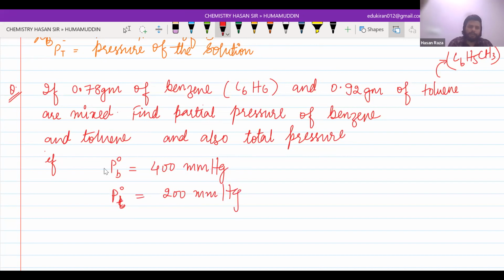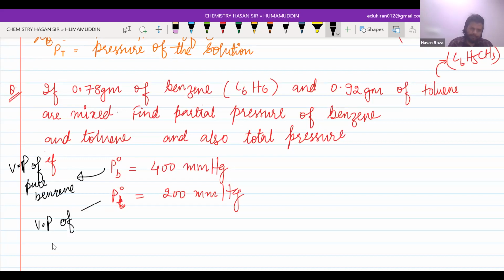So basically this is the vapor pressure of pure benzene, and this is the vapor pressure of pure toluene.